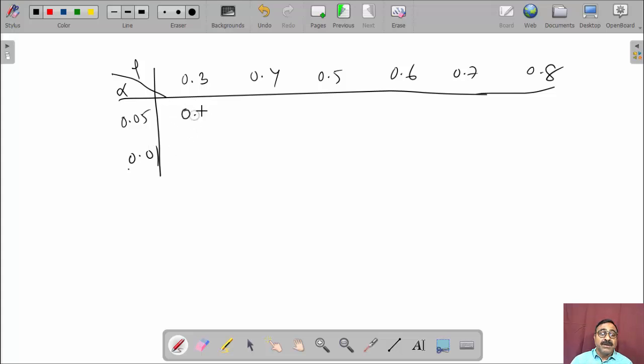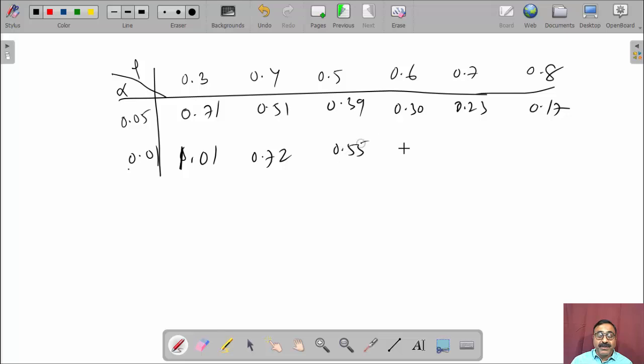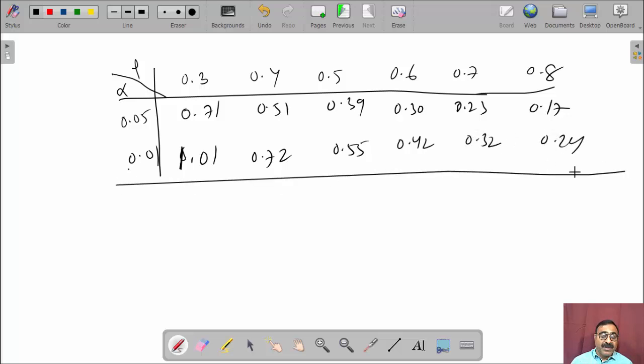So this will be 0.71, 0.51, 0.39, 0.30, 0.23, 0.17, and this will be 1.01, 0.72, 0.55, 0.42, 0.32, 0.24.